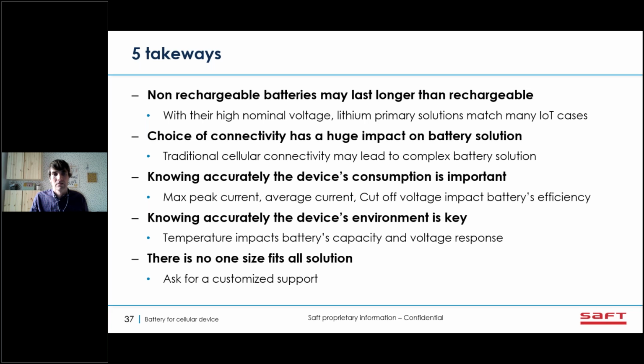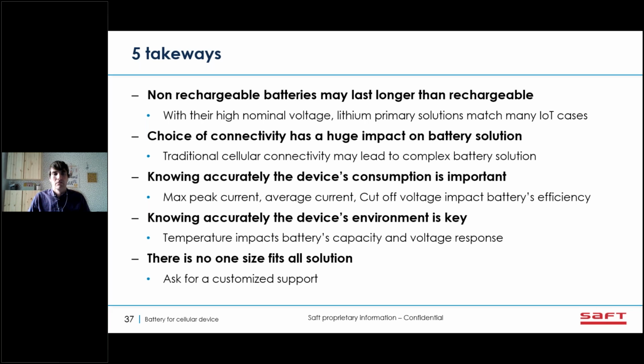So every time it will be a trade-off for the electronic designer to try to have the smoother consumption, with the smoother pulse level, with the wider temperature range. But even for the same application, depending on the whole electronics of the device, you can have several solutions which could match and be really the best one.